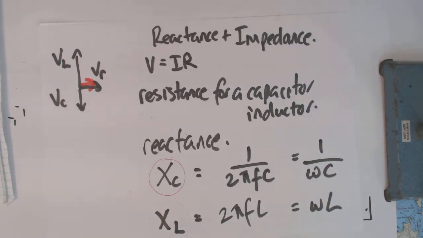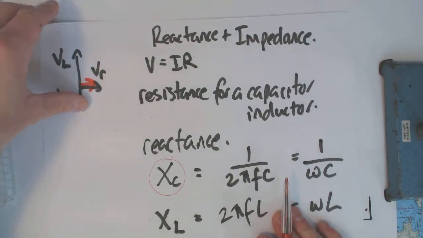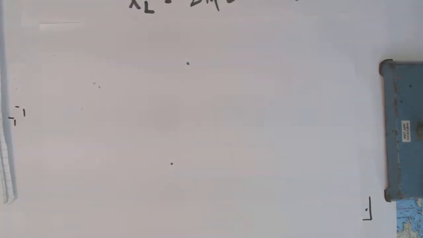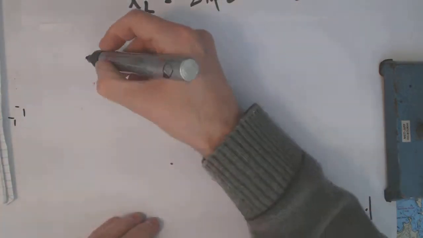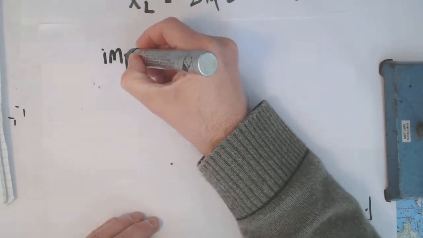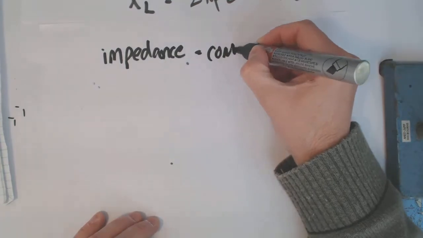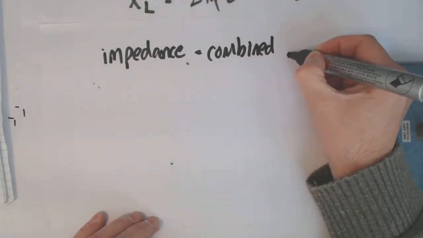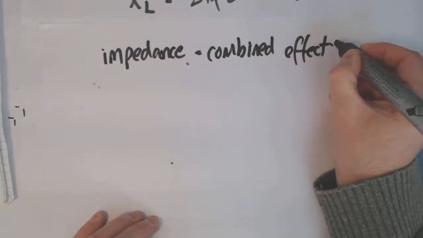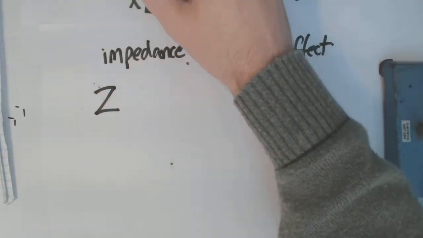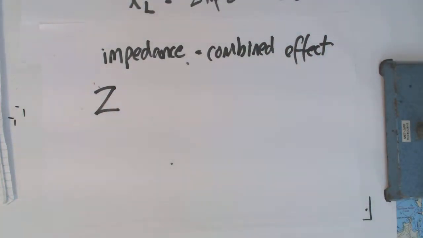Now, impedance is like the sum of them all together. Impedance is the combined effect, and the symbol is this type of Z. But you can see the reactance of the capacitor and the inductor sort of work against each other.